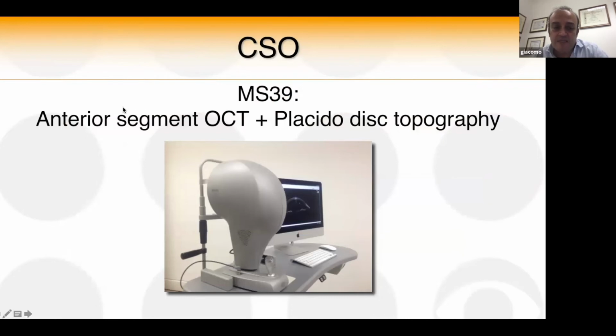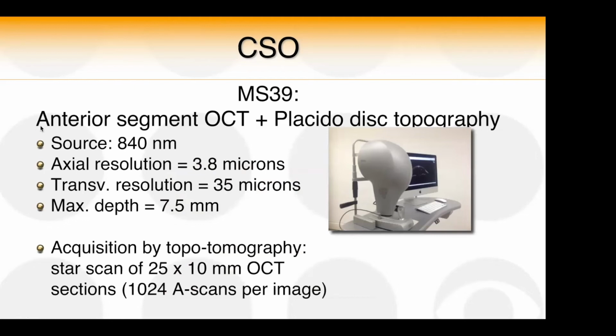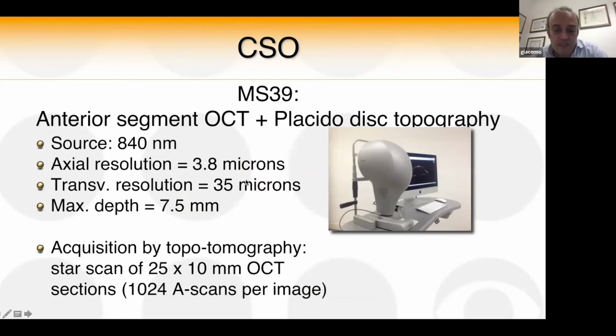This device merges two technologies, that is anterior segment OCT and Placido corneal topography. I think that you have the MS39, right? Right, yes. So you probably already know all these features. You can have a map with 25 or 12 meridional scans.